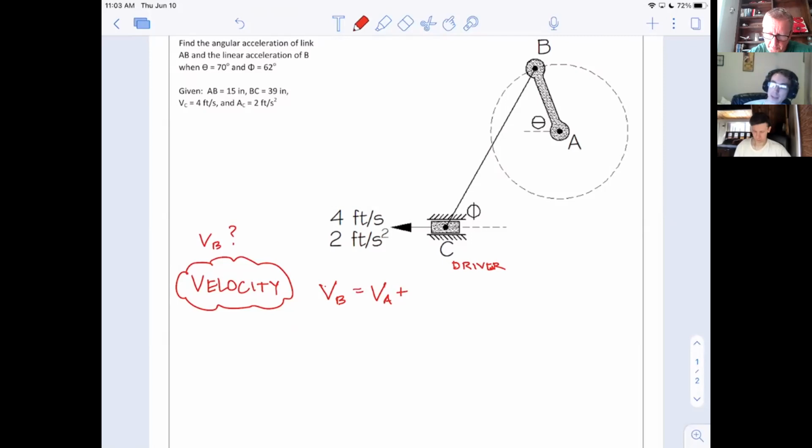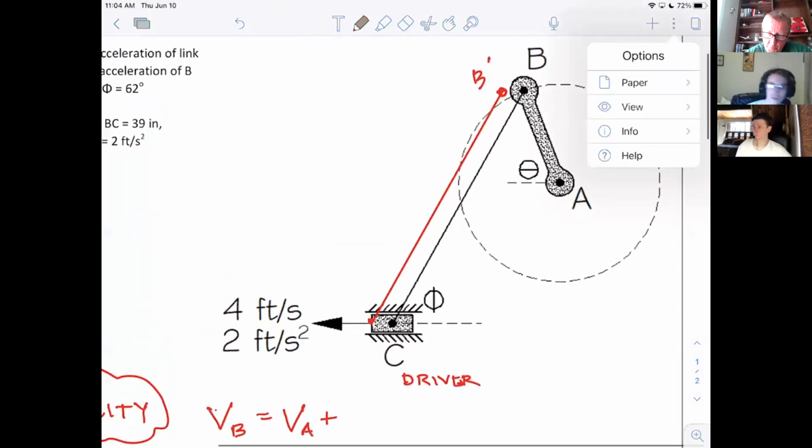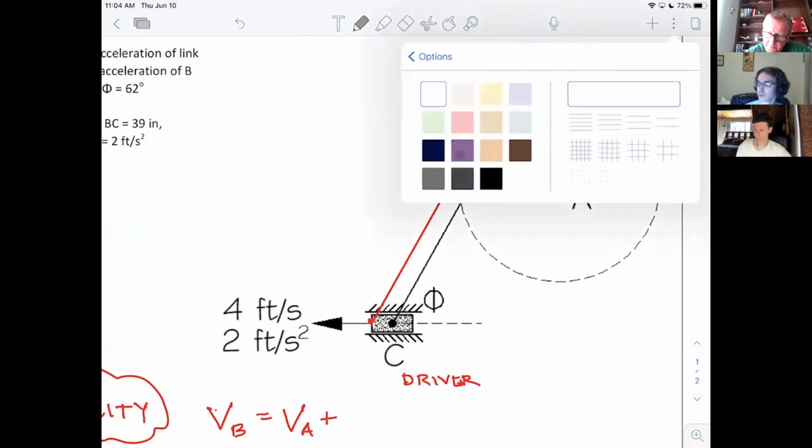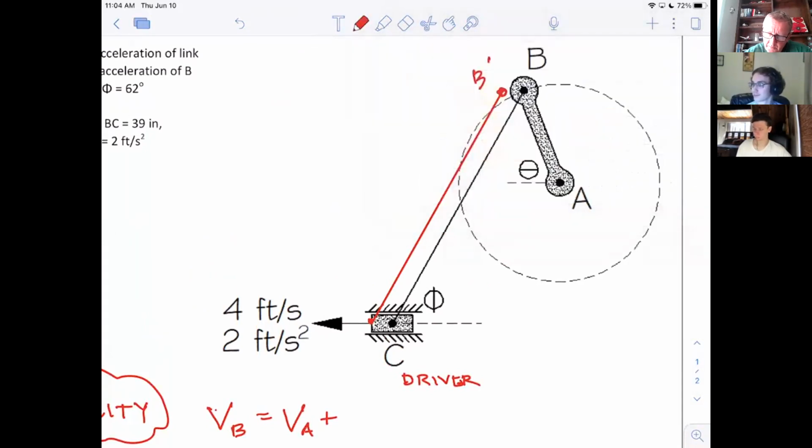again, I want to draw this for you. You agree that in the steps of this, there would be B prime. In other words, what the velocity of B does first is just whatever the driver does. But then secondly, it has to rotate back into position. This is what I'm hoping is sticking with you.